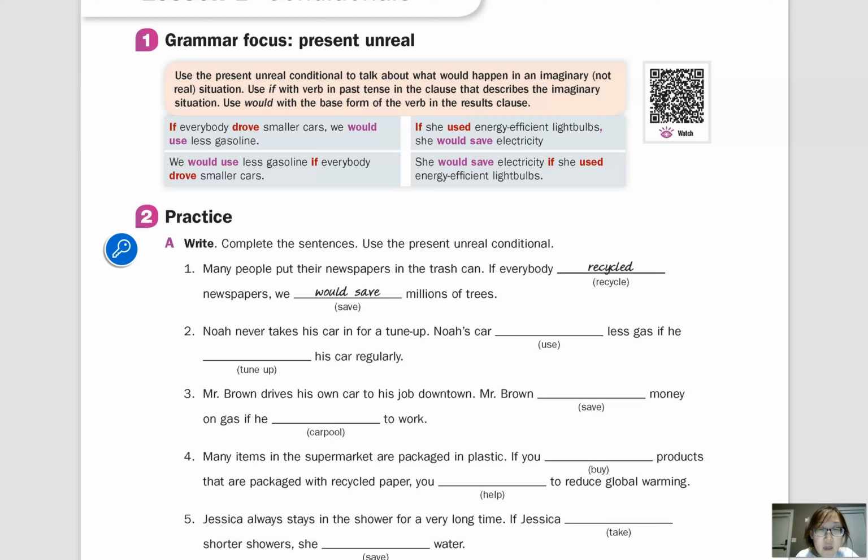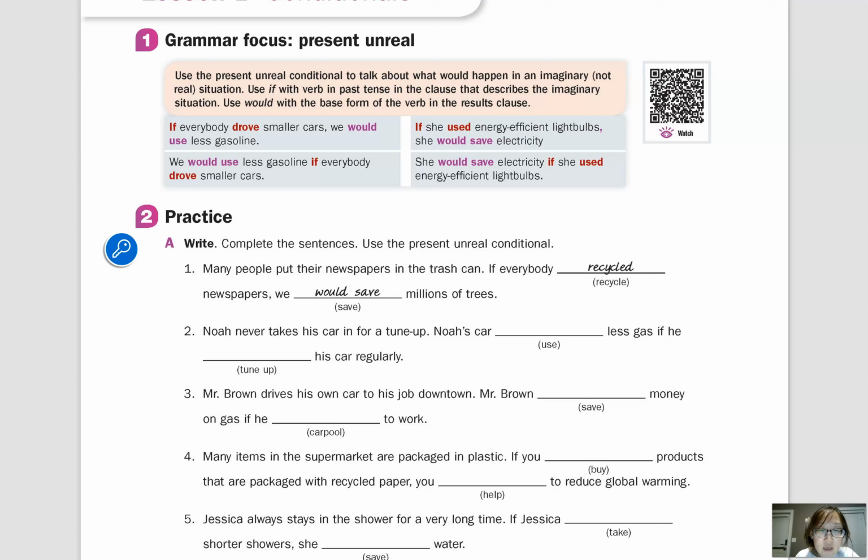So it doesn't matter what person it is. I, he, she, it, doesn't matter. We always use were if it's a be verb. Another example is, if he were here, he would help us. We don't say if he was here, he would help us.